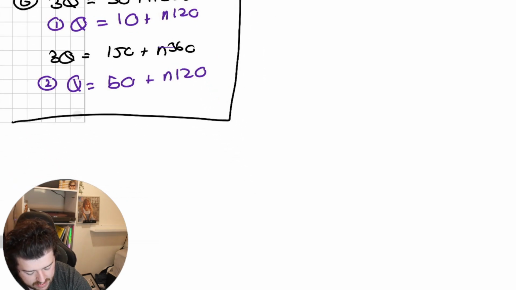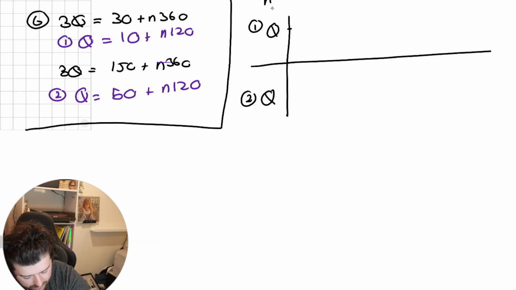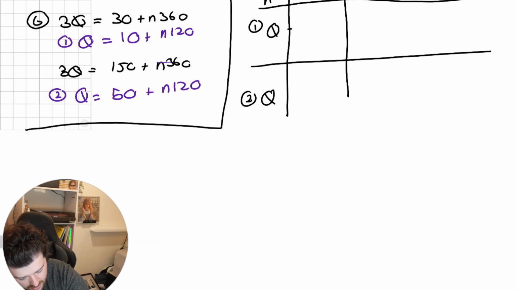So set up a little table here, I suppose. My first set of rounds, my first set of values for theta. Then I have n on top here. So I have when n is equal to 0, n is equal to 1, and n is equal to 2.